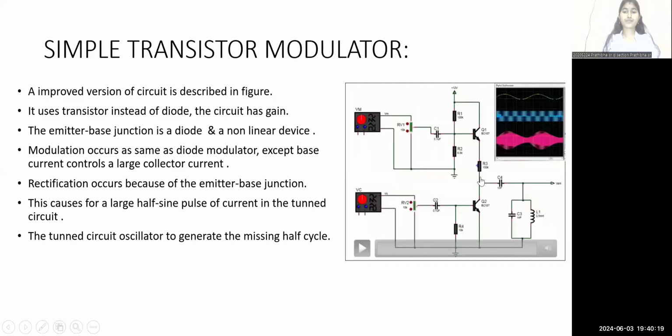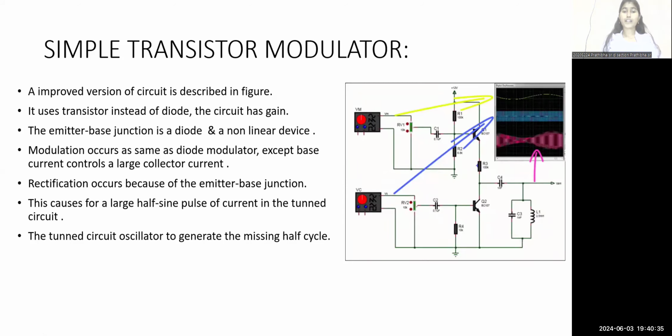Next, the simple transistor modulator. An improved version of the circuit is shown in the figure. It uses a transistor instead of a diode. The circuit has a gain. The emitter-base junction is a diode and a non-linear device. Modulation occurs the same as in the diode modulator, except the base current controls a large collector current.